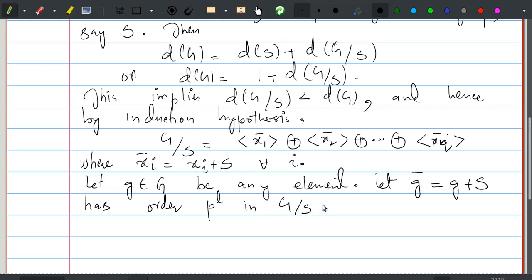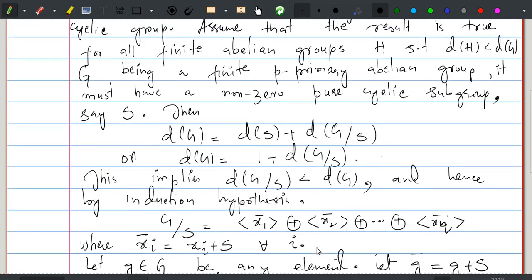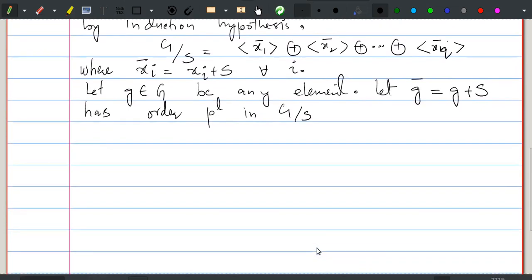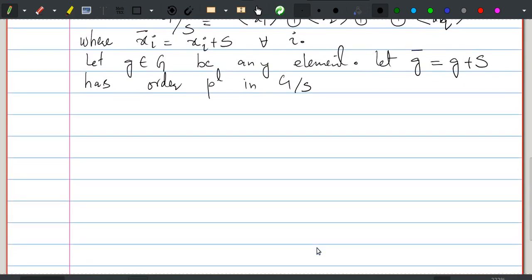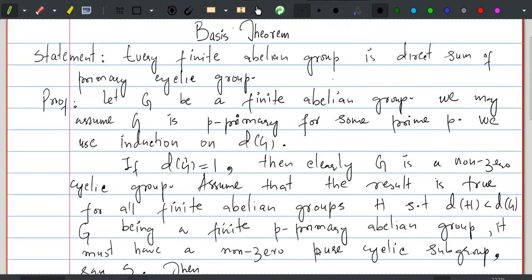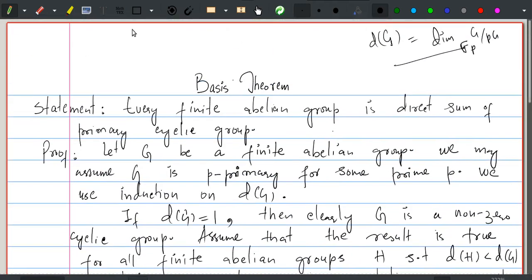So let us lift this element. What we want to do is lift this element. By lifting we mean, we know we have a natural map from G to G/S.